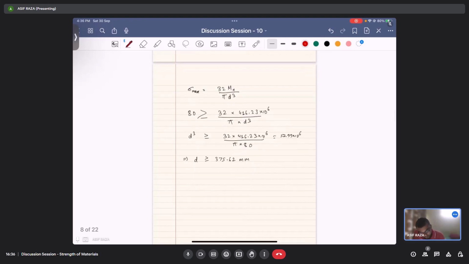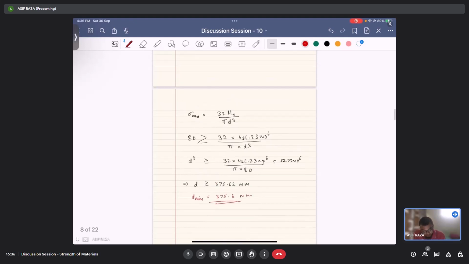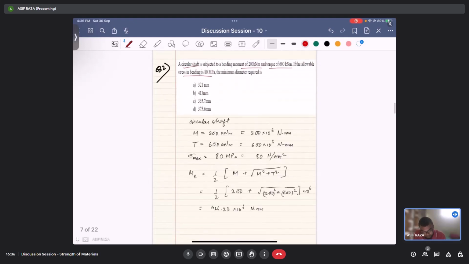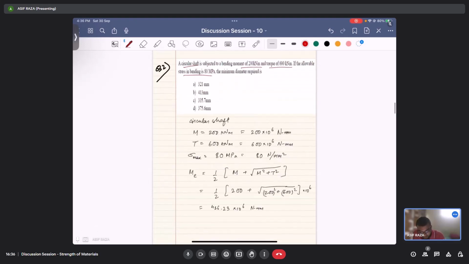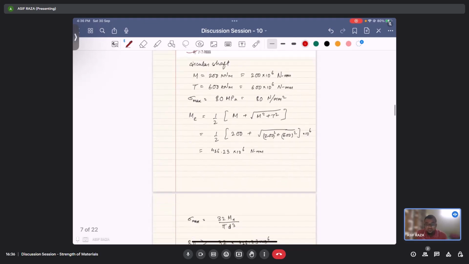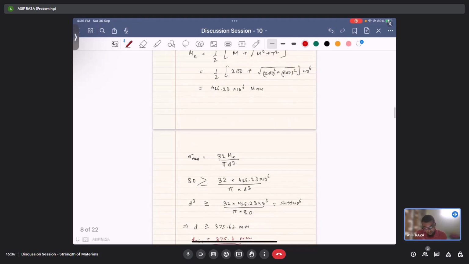Thus our minimum diameter D would be equal to 375.6 mm. Let's see the options. Yeah, so the correct answer is option D, 375.6 mm. Okay, I hope this is okay for all.